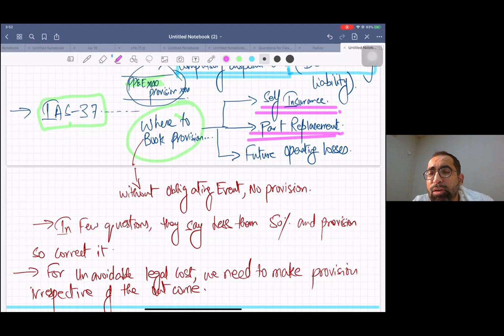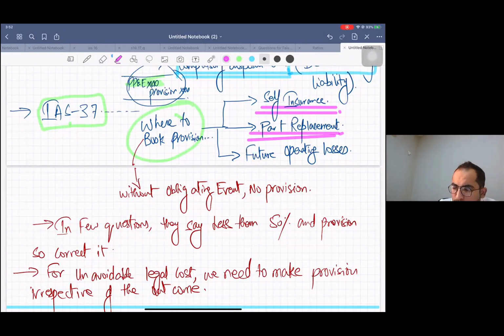I hope you remember the complex asset area in IAS 16. A complex asset is an asset which has different components with different useful lives. Each component will be depreciated separately on its own life, like airplanes and ships.